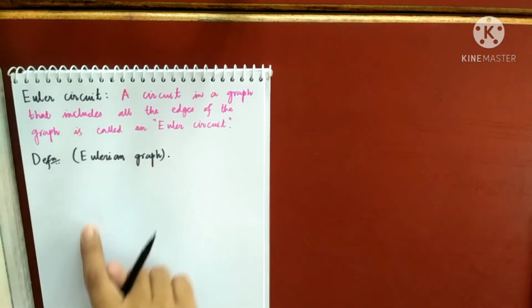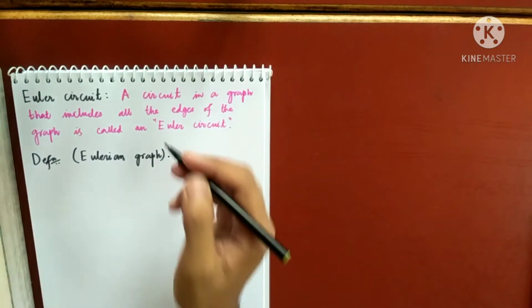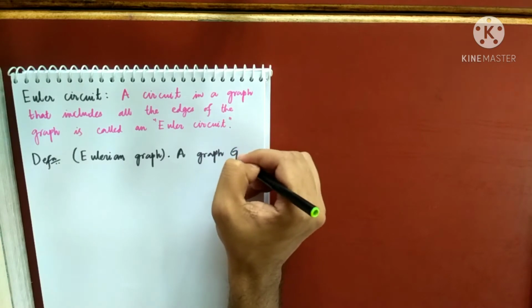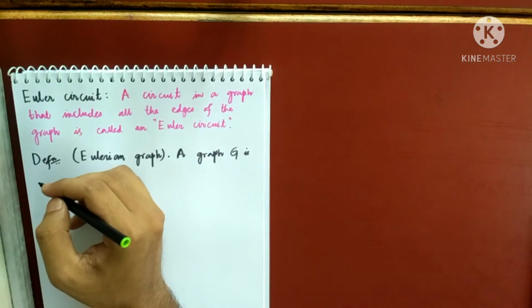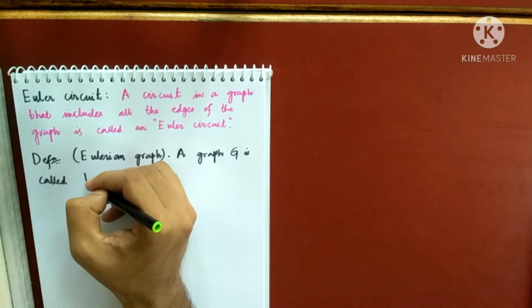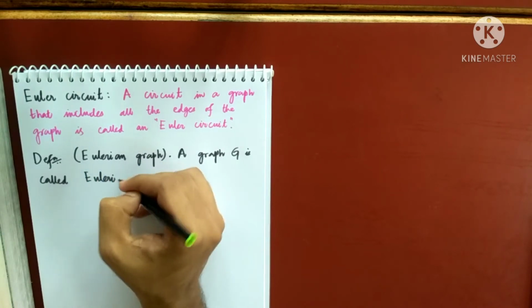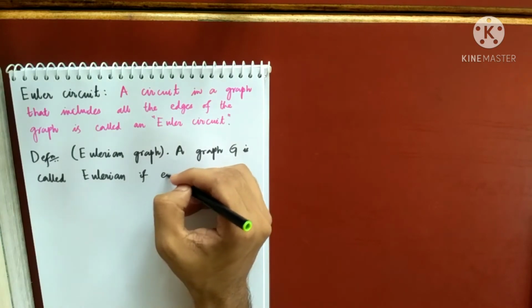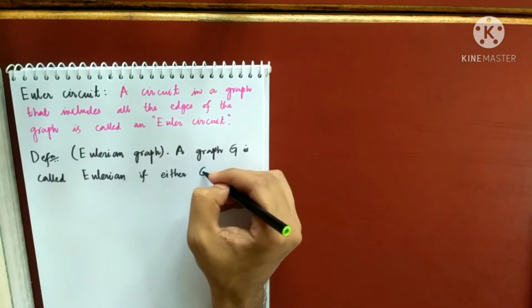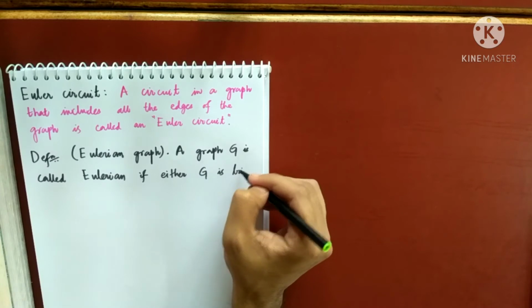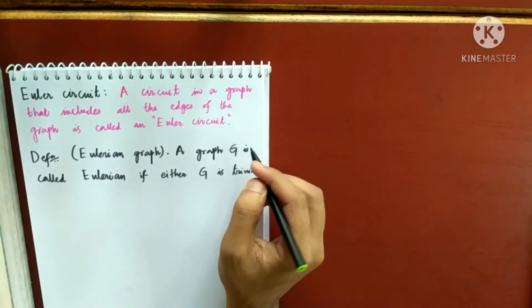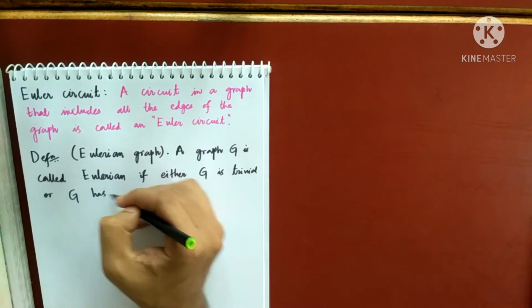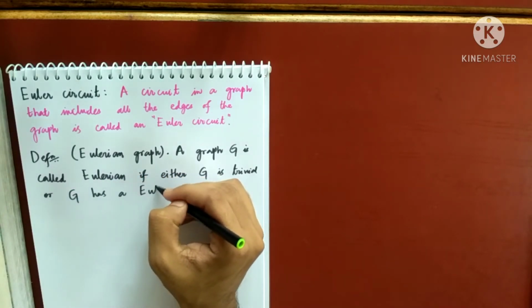So a graph G is called Eulerian if either G is trivial, I'll tell you the meaning of this, or G has an Euler circuit.